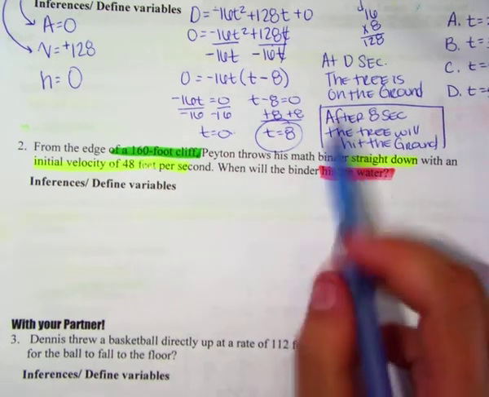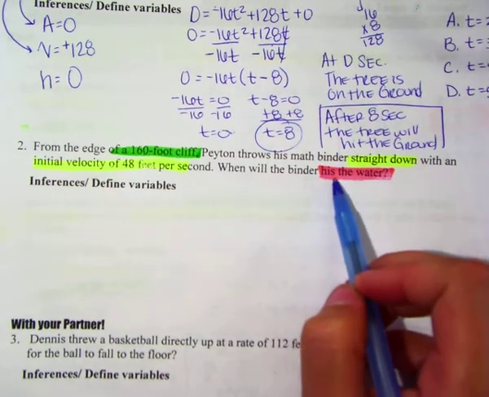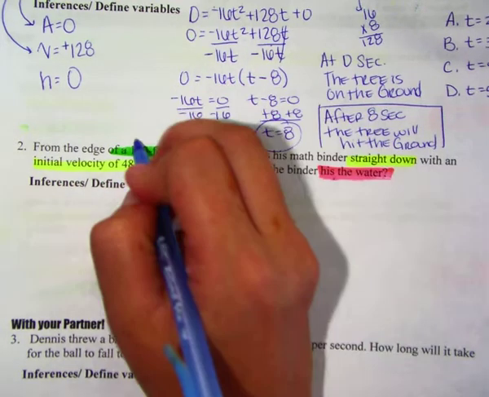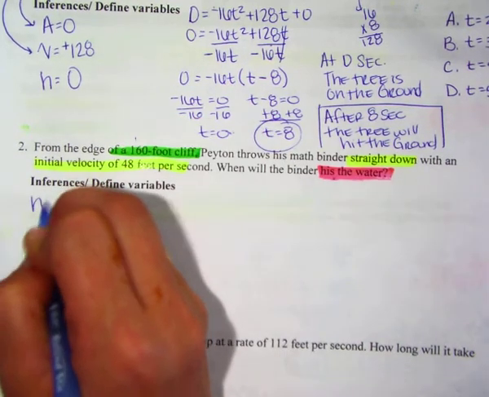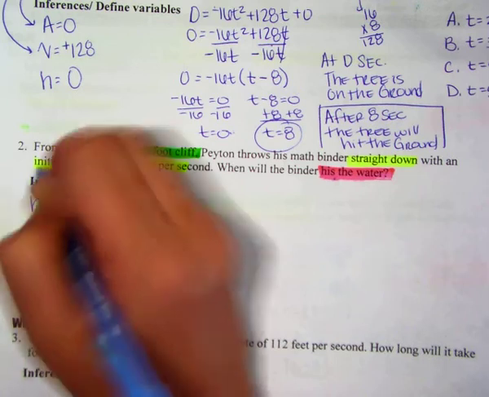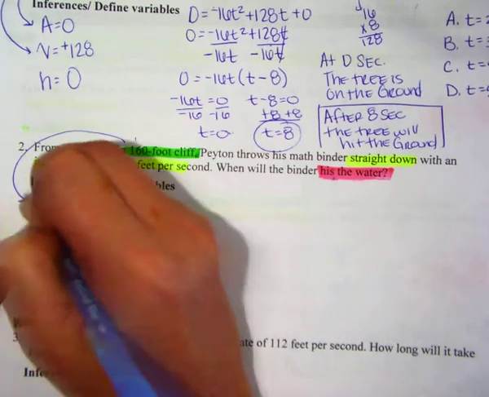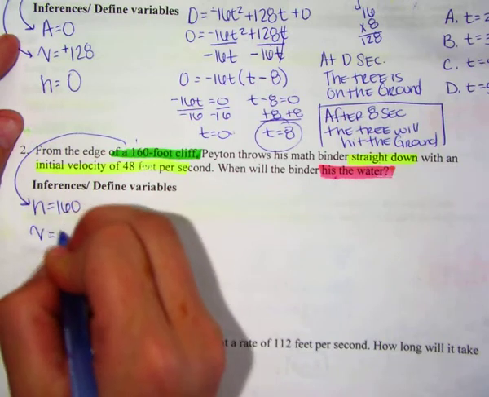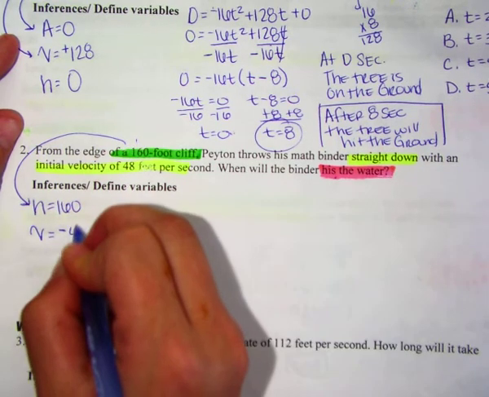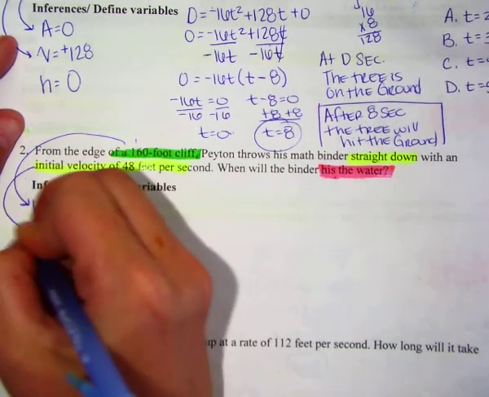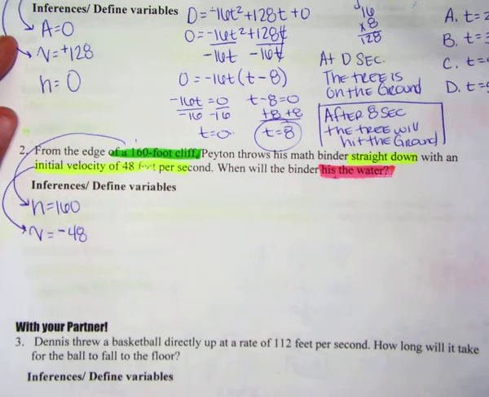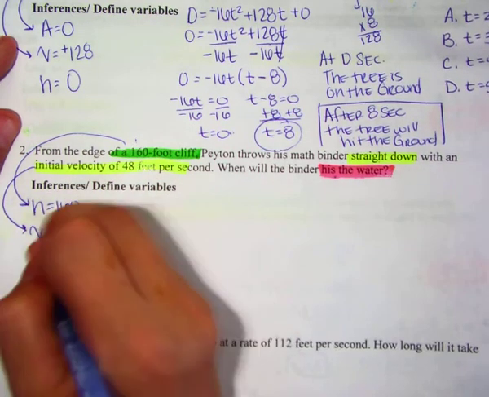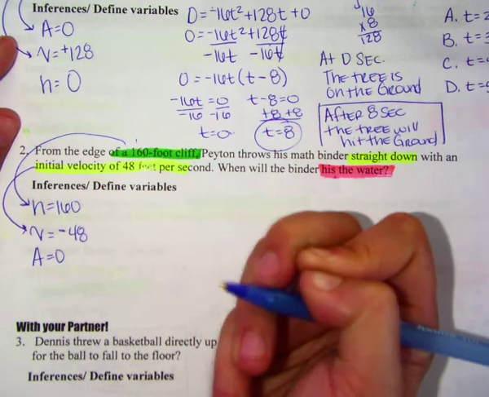If it's hitting the water, then that means altitude is 0. So our initial height is 160. We know that it's going straight down, so the velocity is negative 48 feet per second. And lastly, if it hits the water, then we know the altitude is 0.